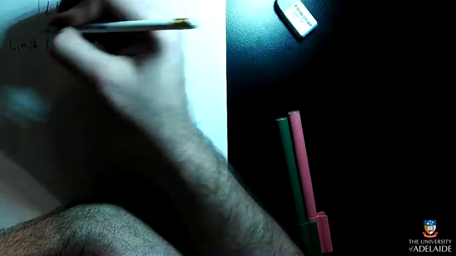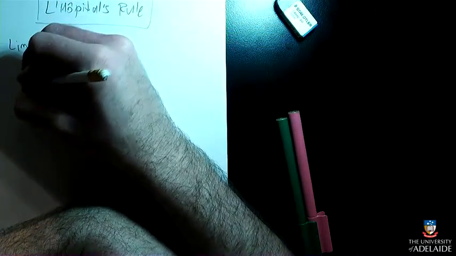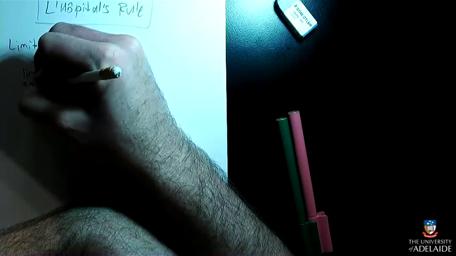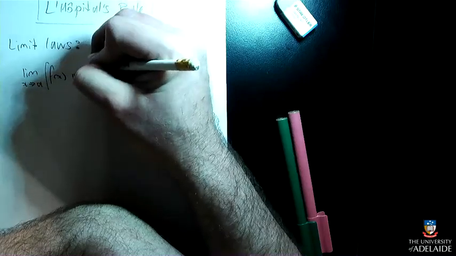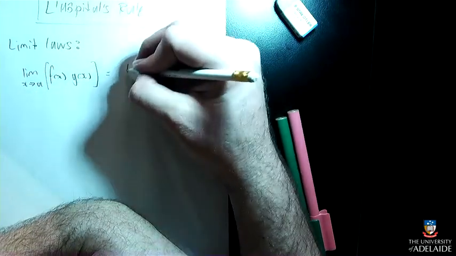There are issues that go that, you know, the limit as x goes to a of f of x times g of x, you can do the limits separately if you want.